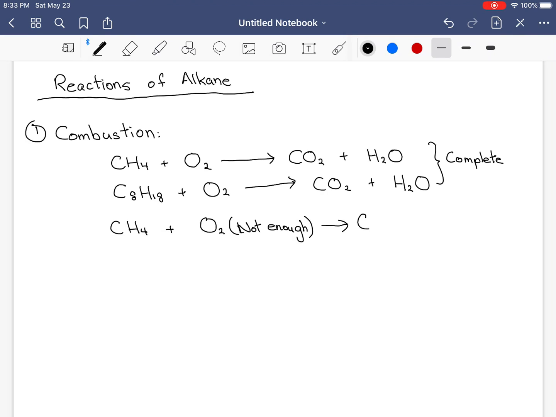Now, when that happens, you're going to get carbon dioxide, you're going to get water, but unfortunately, you're going to get some elemental carbon, usually in the form of ash, and this dangerous carbon monoxide. Now, this is incomplete. Incomplete combustion is not balanceable.